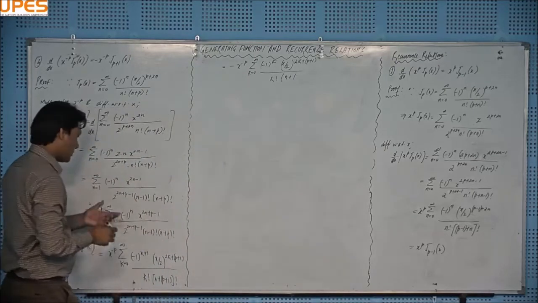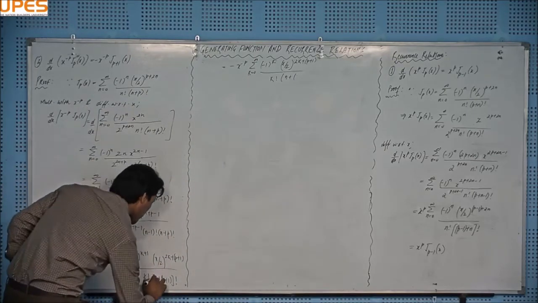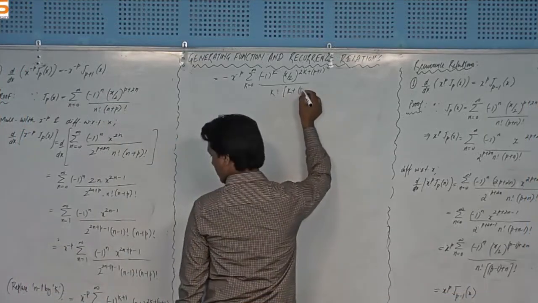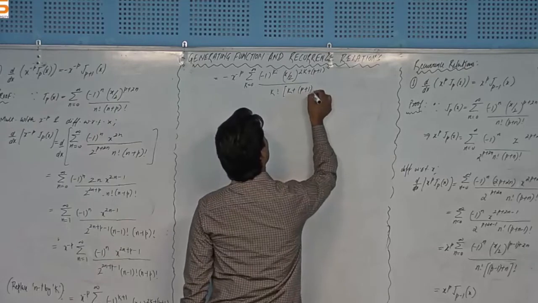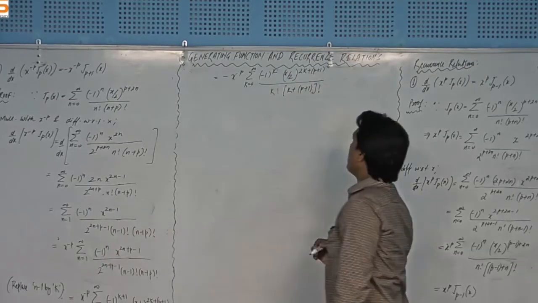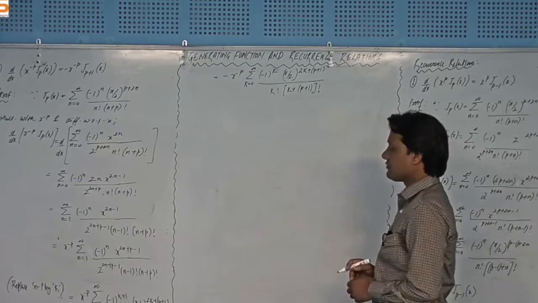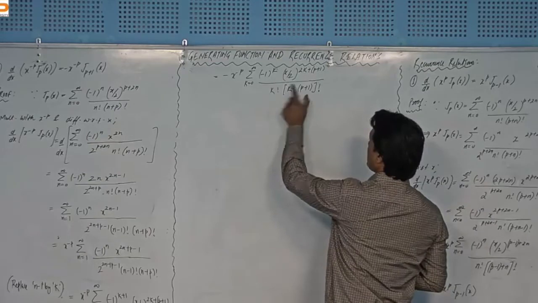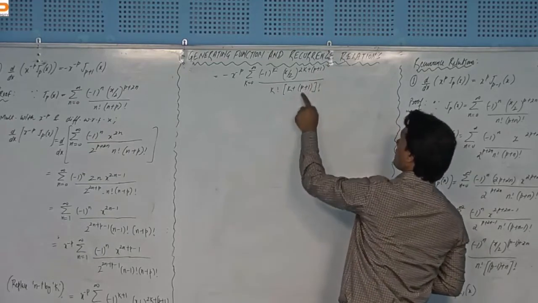I replaced n by k plus 1, so that became k. k plus p plus 1 whole factorial, right? So this is what you got after replacement, and now you can see that this is nothing but jp plus 1, j of p plus 1, right?